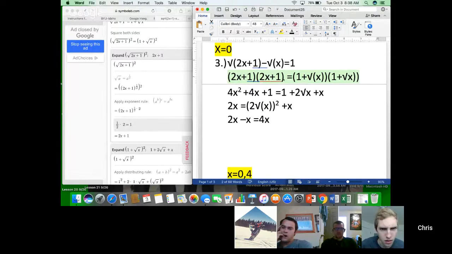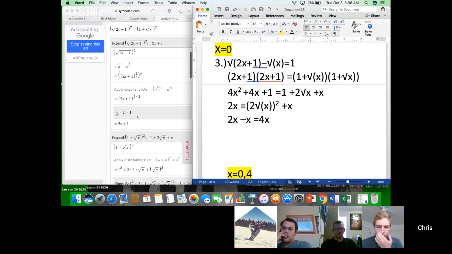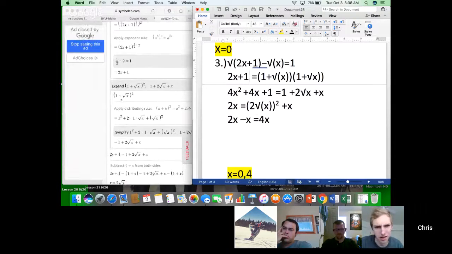Earlier we did 1 plus square root x and squared that and got 1 plus 2 square root x plus x. But then we thought that was wrong and went back. Oh, so it's just 2x plus 1 equals 1 plus 2 square root of x plus x. So we had it right.